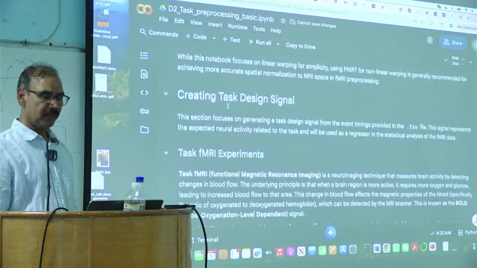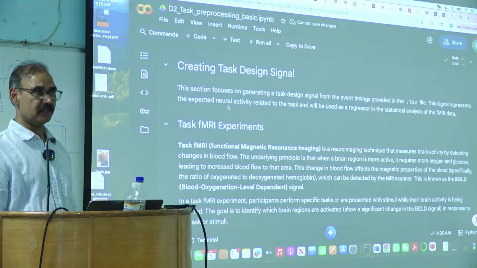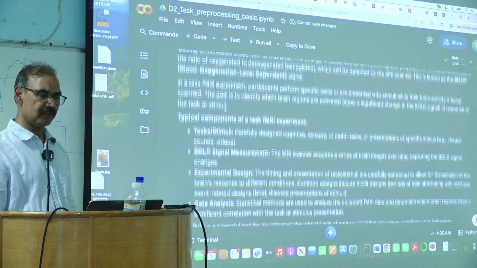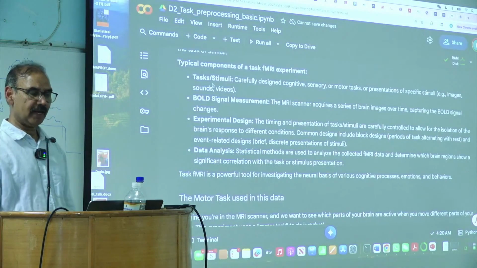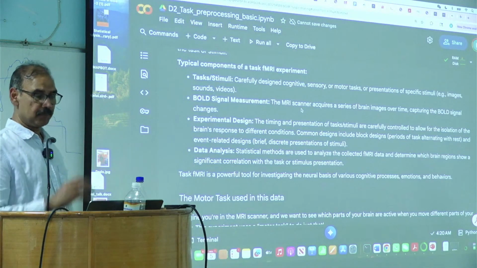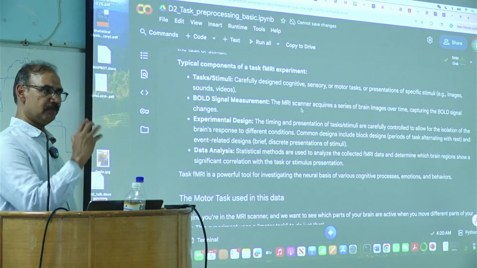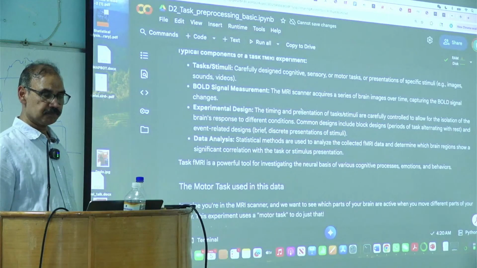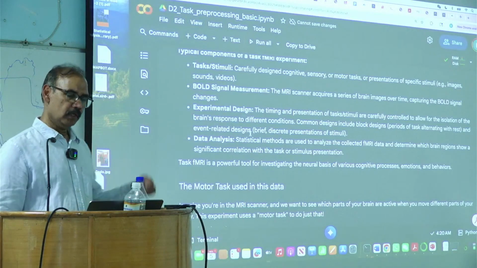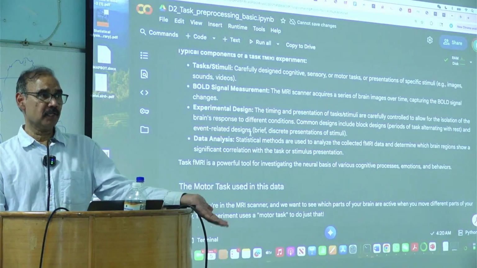All right. So the next step is to create a task design signal. For the task design signal, we have task stimuli where very specific instructions were given to the subject to do specific things. What we are hoping is that when they performed those tasks, there were corresponding signal changes.